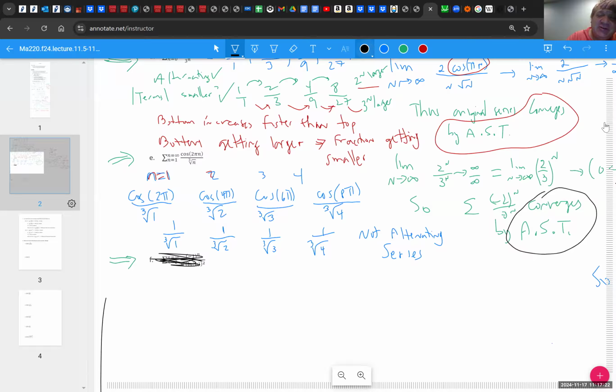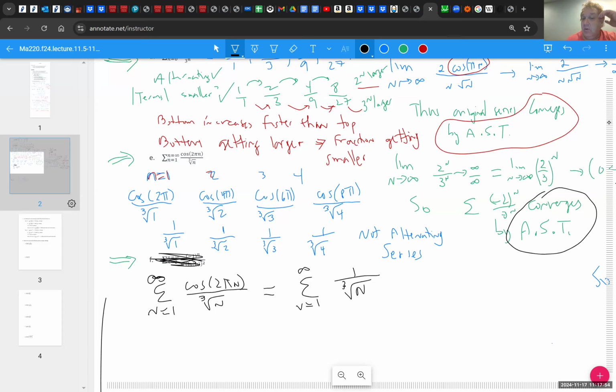So we have this original series, n equals 1 to infinity, of cosine of 2 pi n over cube root of n. And we know that cosine of 2 pi n is always 1, because each time you do a 2 pi revolution, you get back to x equals 1. So this is the same as the sum from n equals 1 to infinity of 1 over the cube root of n.